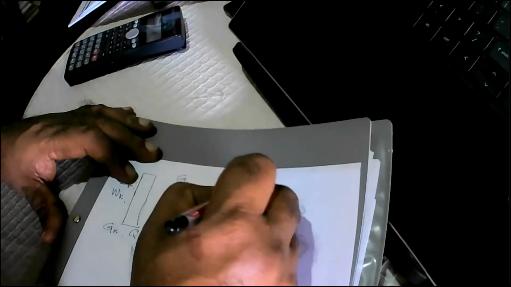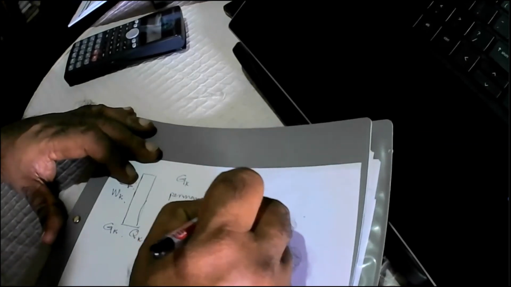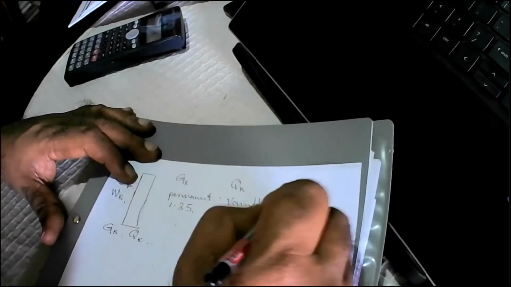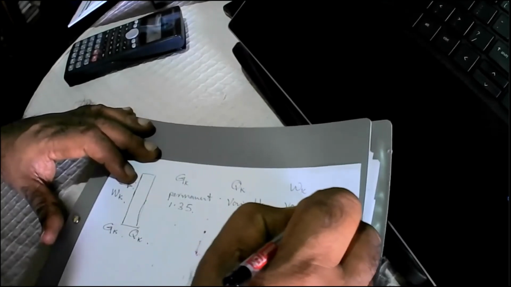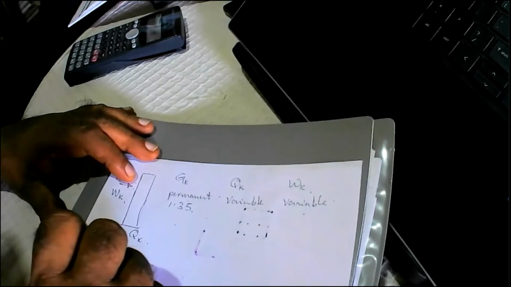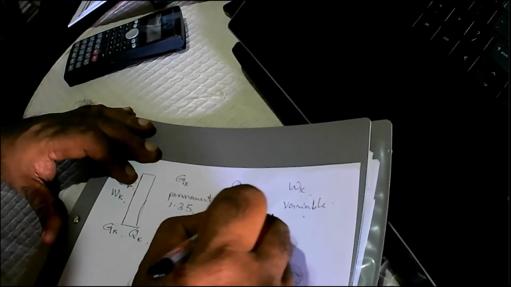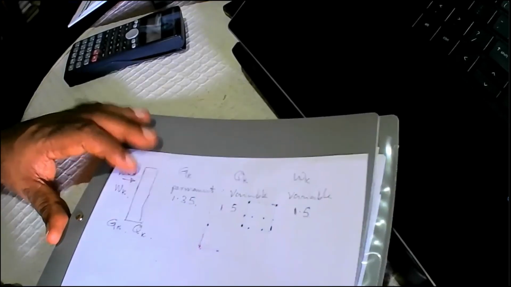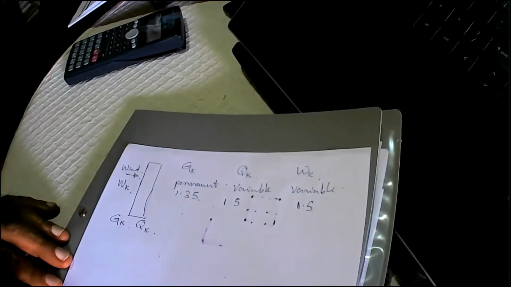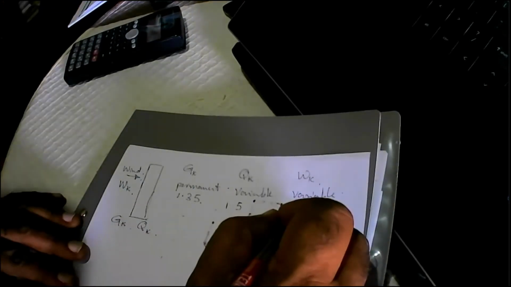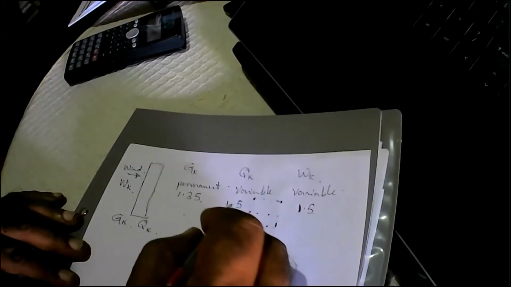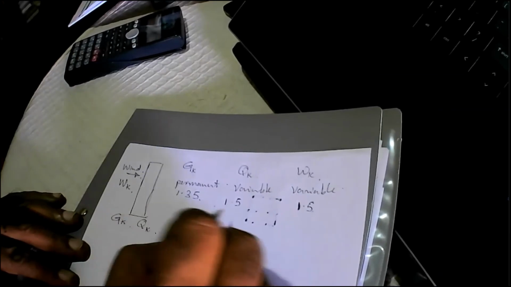And QK will be variable, and WK also variable, and for variable loads, the factor of safety is 1.5. So you'll have a load factor of 1.5 for those. But only one of them will be dominant.